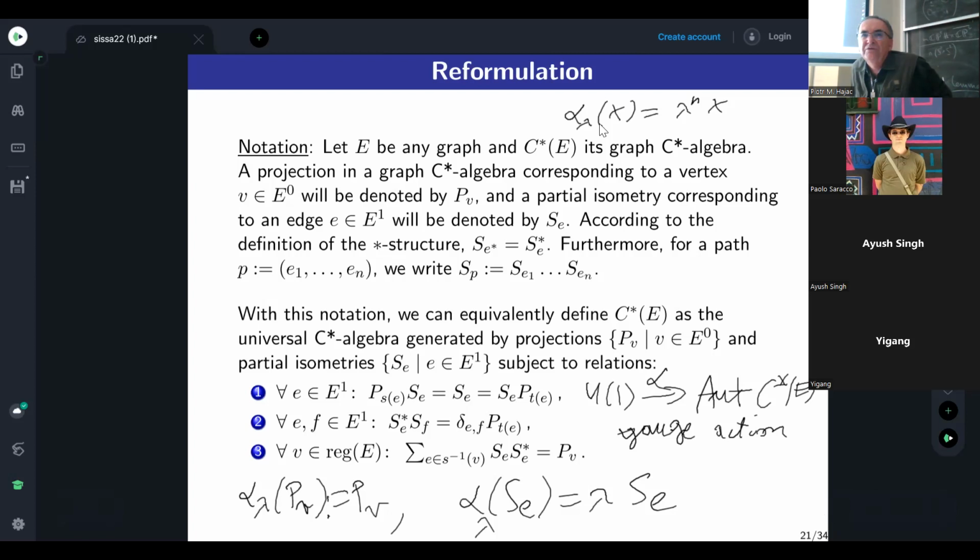Yes. But what's your point? And then this way, I think it's easier to check that all these relations preserve this grading. But I think there is nothing complicated in the way I put it. The relations are satisfied. It's trivial. I mean, it's obvious. But the thing is that in full generality, I prefer to give a general argument. On any C-star algebra, forget graph C-star algebras, circle action means grading. So forget projections and isometries.